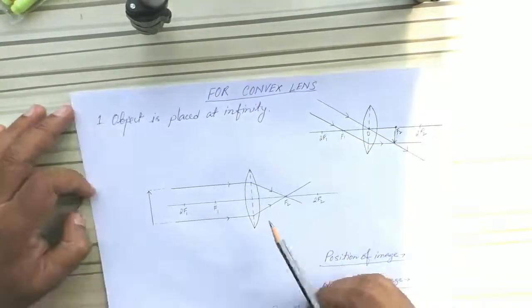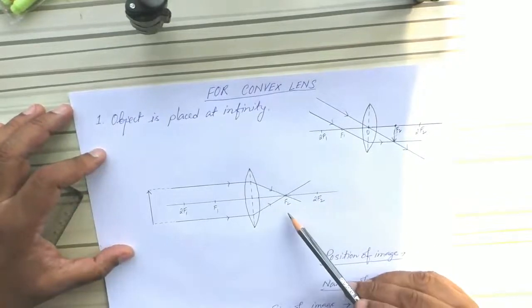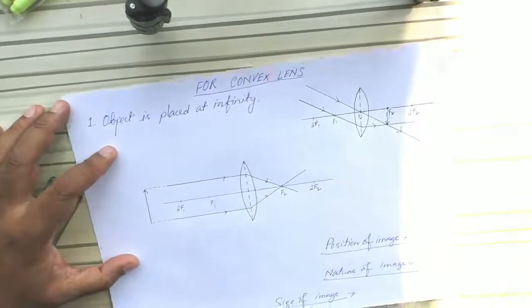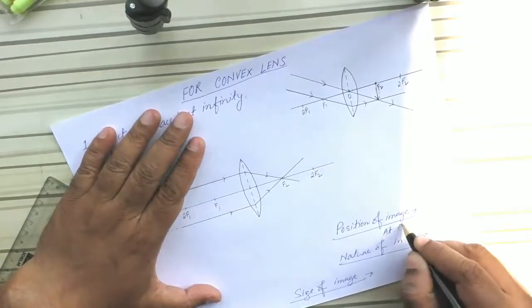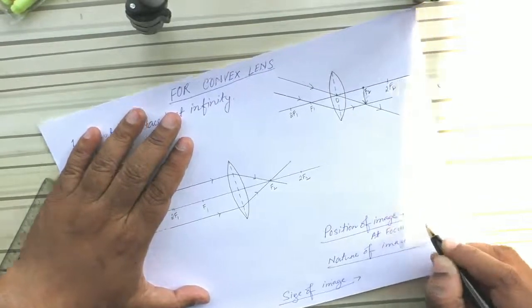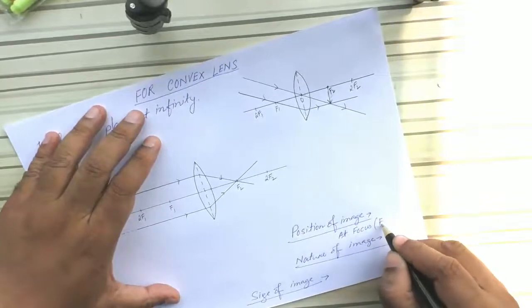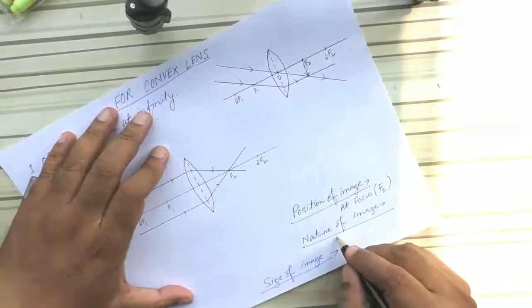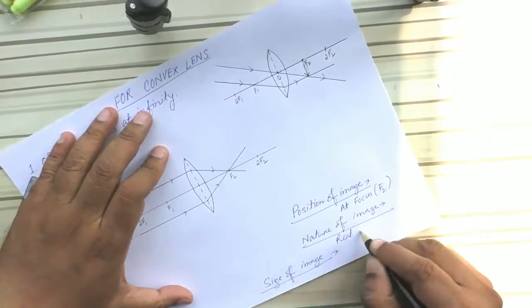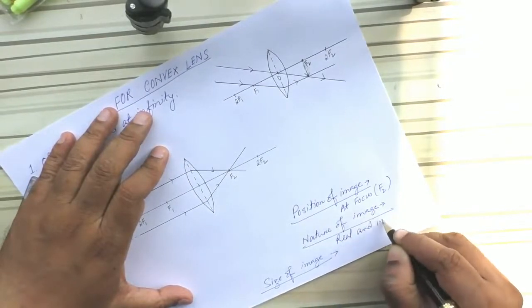If object is placed at infinity, image is formed at focus, so we can write here position of image at focus, and this is f2. Now if I ask you what is the nature of image, real and inverted.